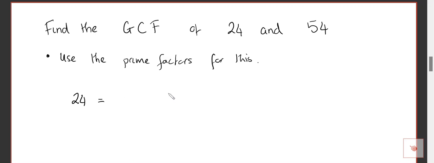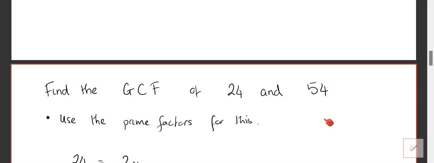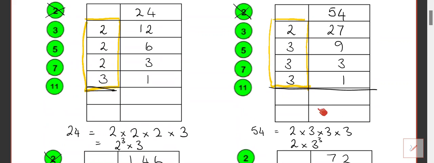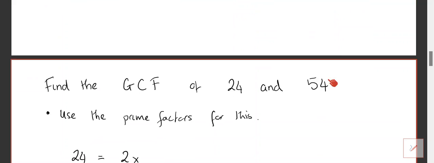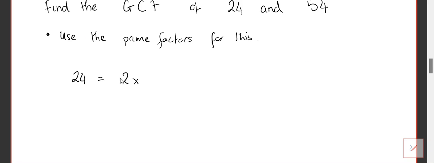Yes. 2 times 3. I want the full thing, please. 2 times. We had it on the ladder. It's 2 times 2 times 2 times 3 is what I want, please. So 24 is 2 times 2 times 2 times 3.